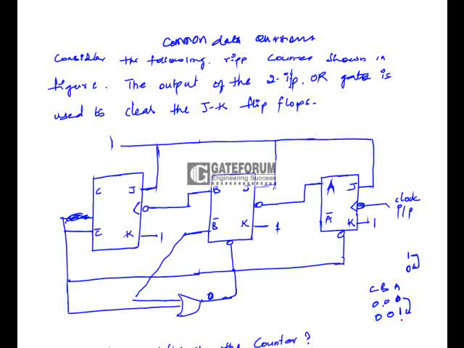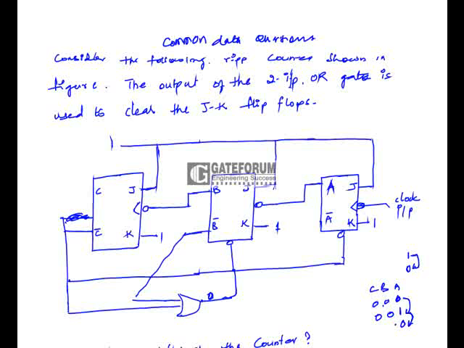Here 1 will change to 0. Now this clock will be transitioning from 1 to 0. As it is negative edge triggered, the output of the second flip-flop will change, that means it is complemented as J and K are connected to 1.